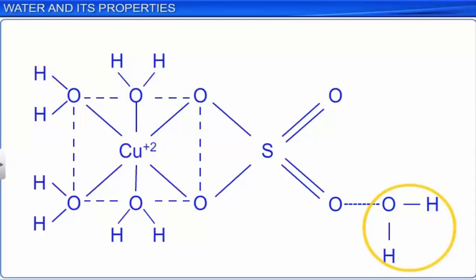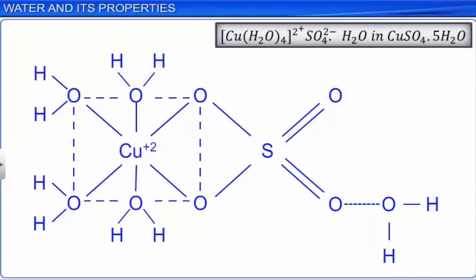For example, in CuSO4·5H2O, one water molecule is hydrogen bonded to the sulfate ion, and the other four molecules are coordinated to give [Cu(H2O)4]2+ SO4 2-·H2O.